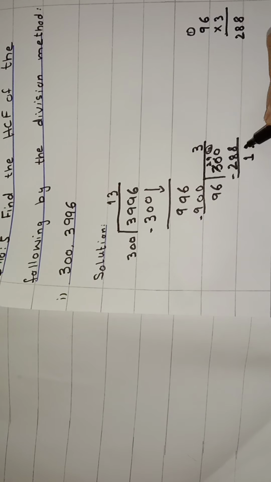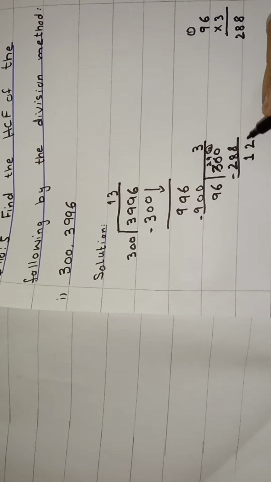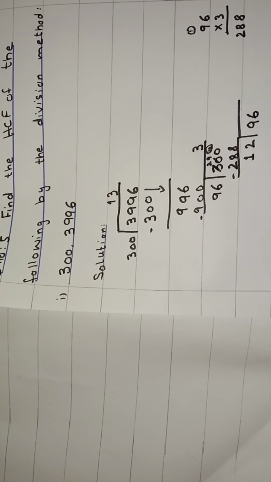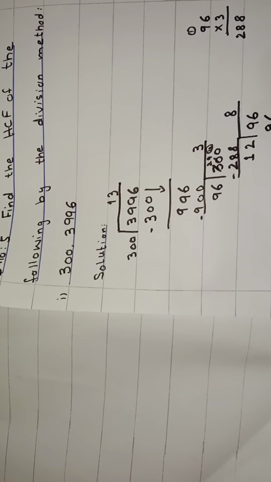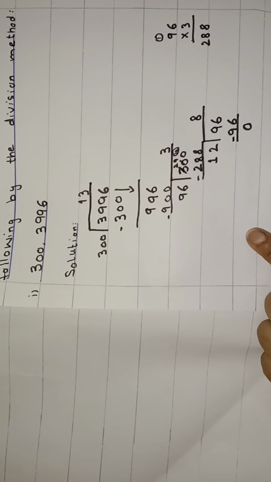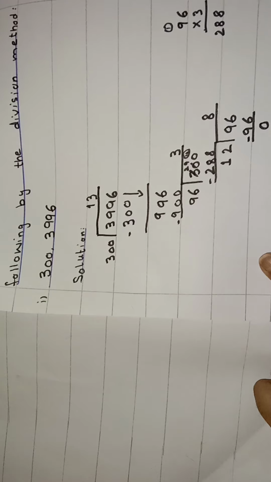12. Now again our remainder is smaller than the divisor, so our divisor becomes the dividend. It will become 96. Now 12 eights are 96. Remainder is 0. As the remainder is 0, our division is completed when we get 0 as a remainder.